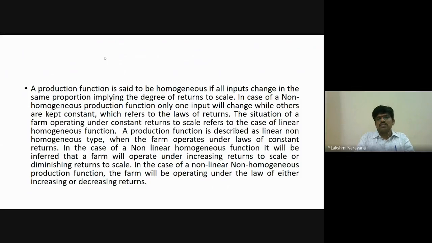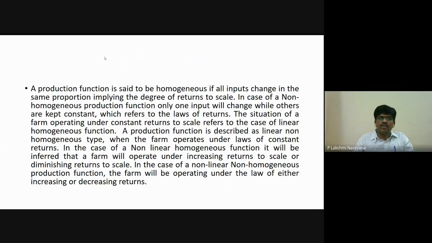A production function is said to be homogeneous if all inputs change in the same proportion, implying the degree of returns to scale.